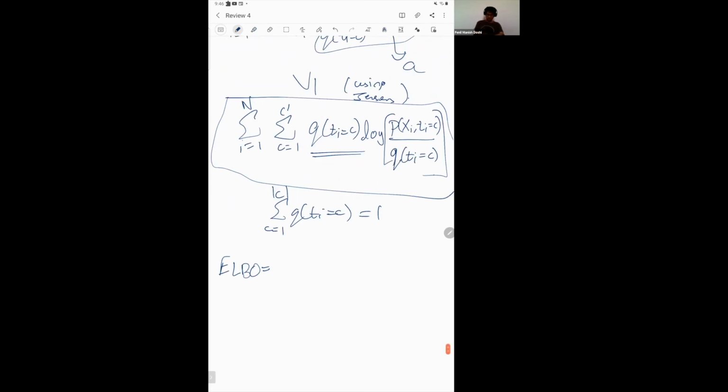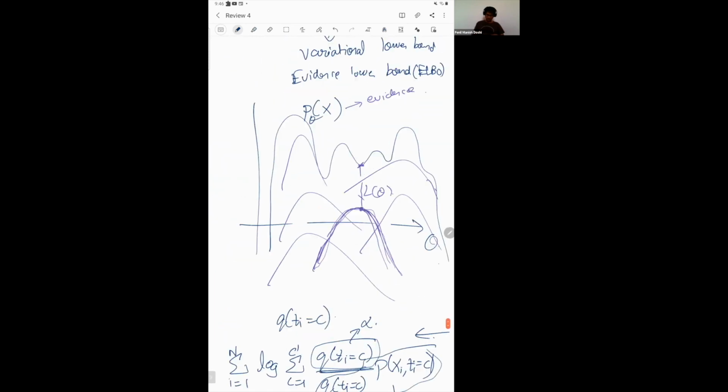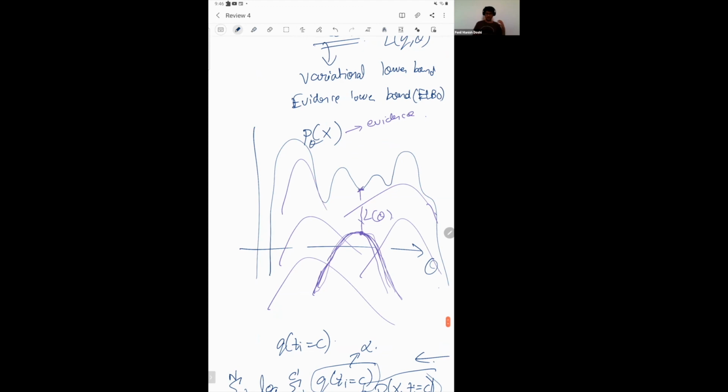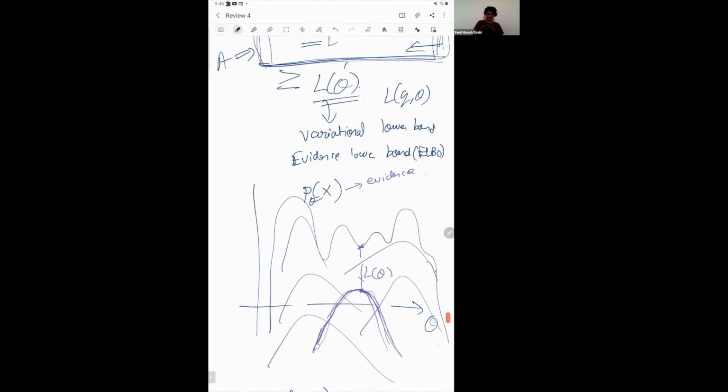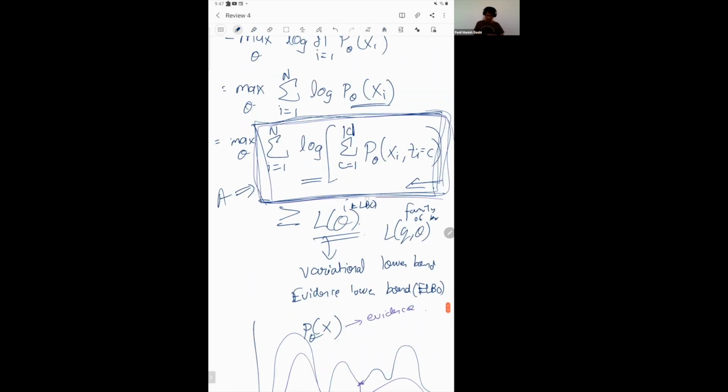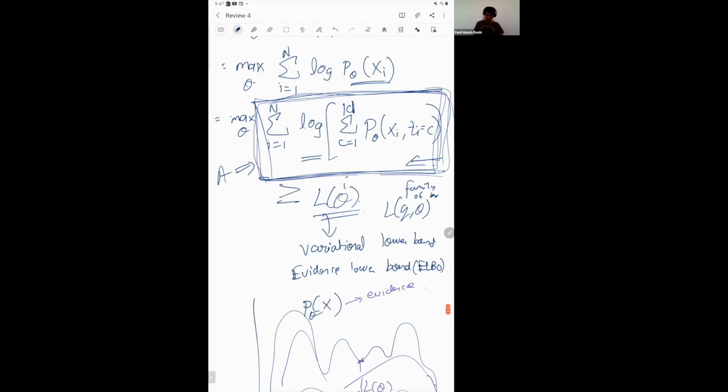So what we changed is, from L of theta, now we have L of q of theta, because we introduced this new additional free parameter q. So this L of theta is not called ELBO, sorry for that.